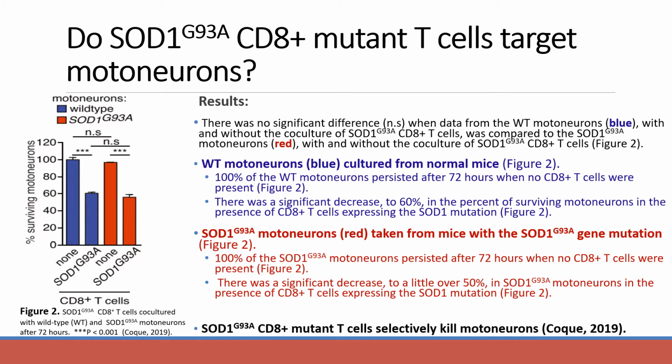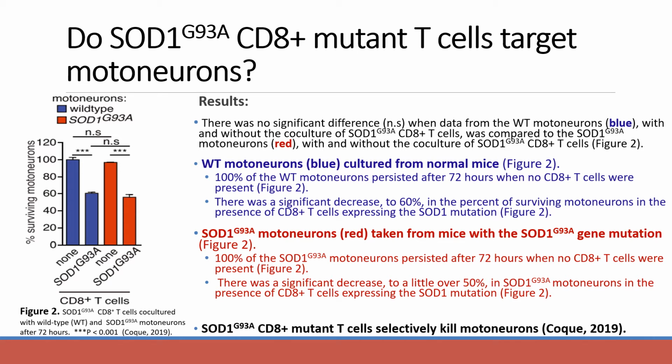When we're just looking at wild type motor neurons, those are the blue bars. Those are cultured from normal mice. Looking left to right, the first blue bar on the left shows 100% of the wild type motor neurons persisting after 72 hours when no CD8 T cells were present at all.